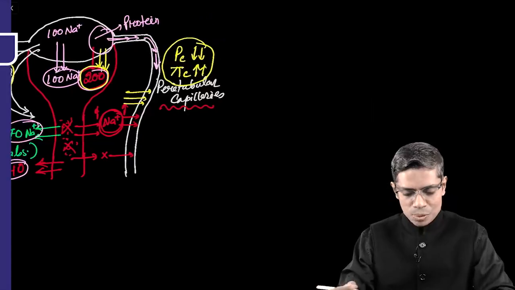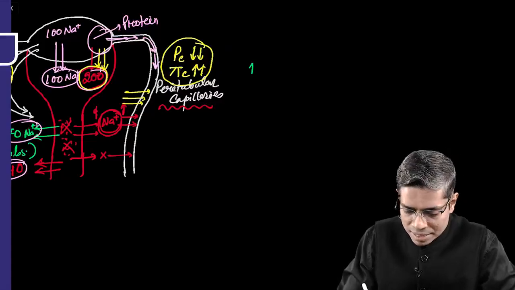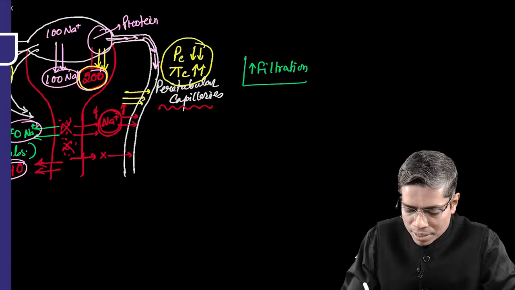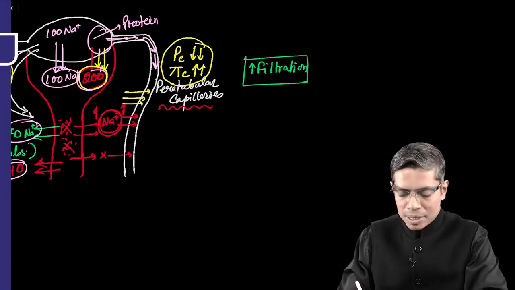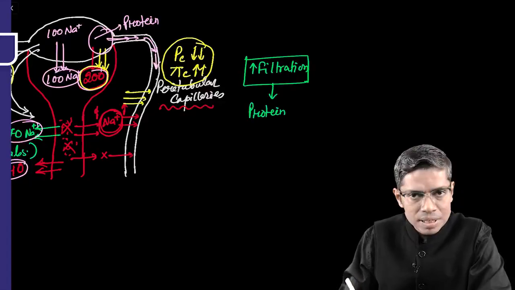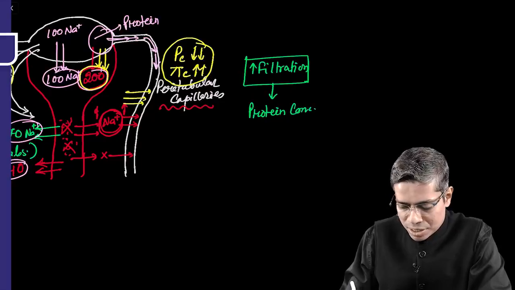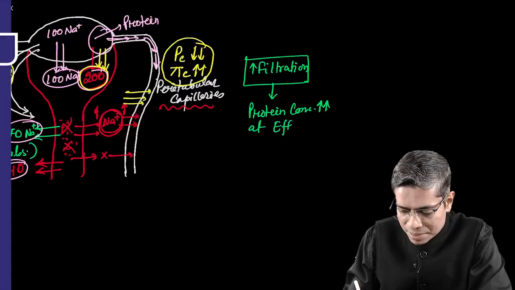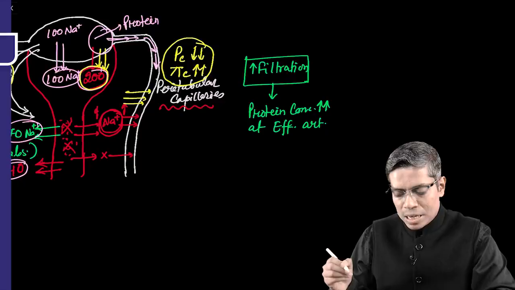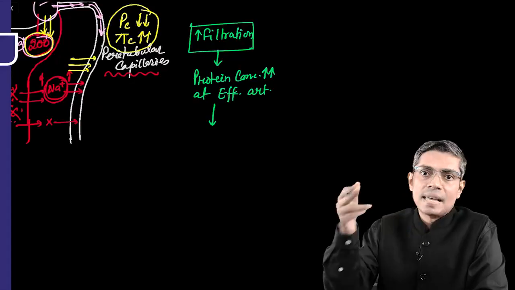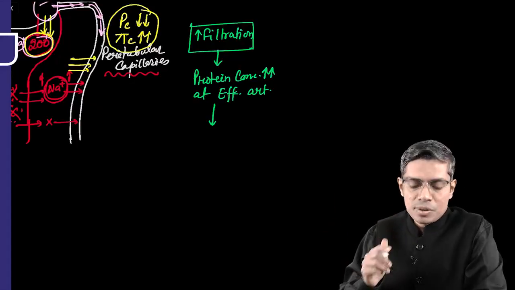Because protein is not going to filter, the protein concentration increases at the level of the efferent arteriole. Whenever the protein concentration is high at the efferent arteriole, that blood is ultimately going to flow through the peritubular capillary.